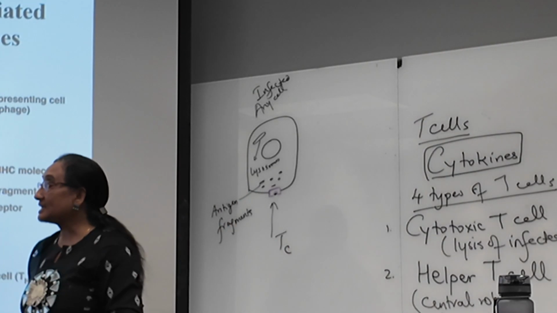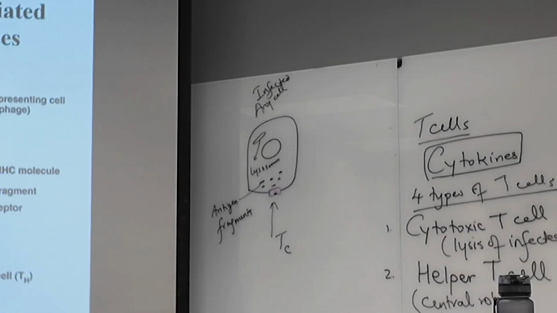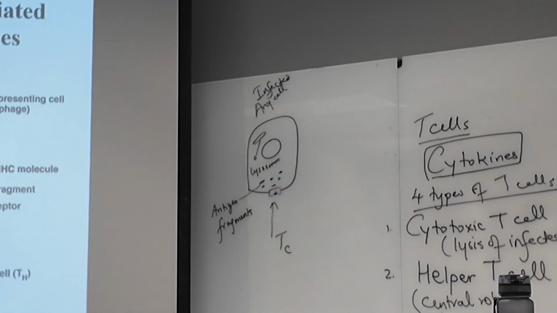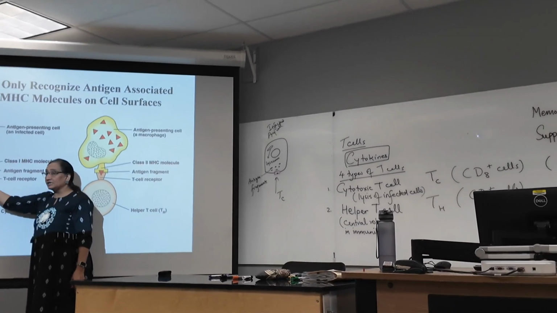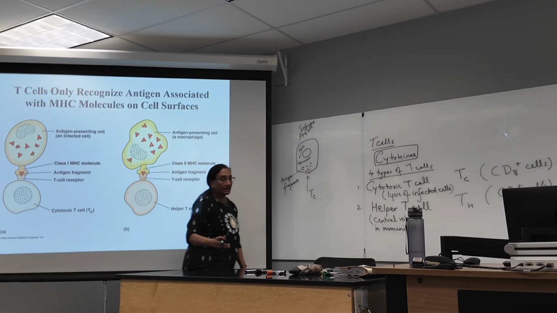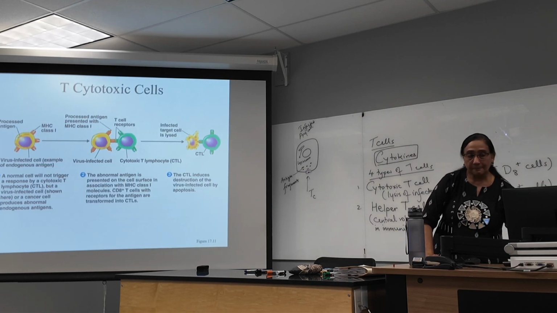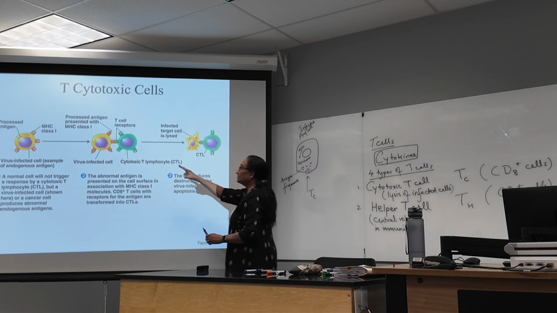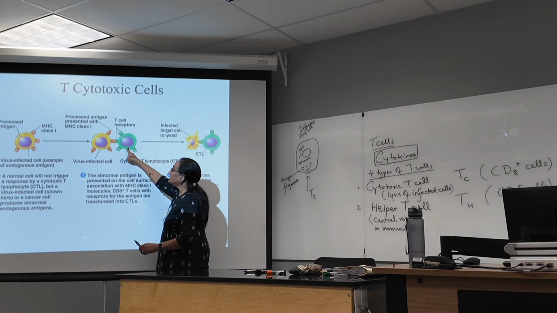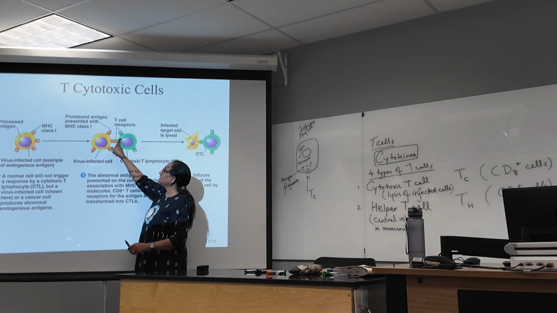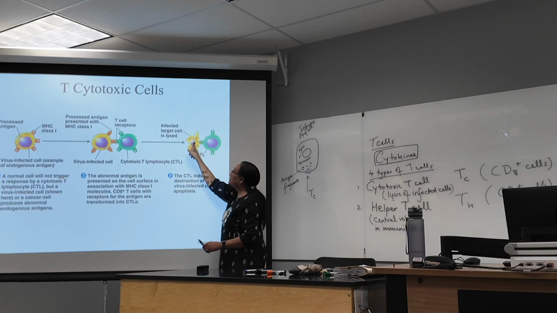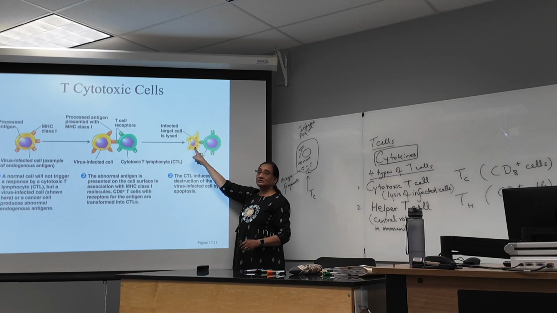A cytotoxic T cell, which has the correct receptor for identifying this type of antigen, will go and attach itself, and then it is going to release a lot of chemicals, which will ultimately lyse the cell.